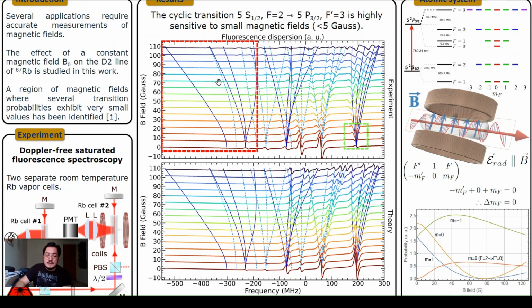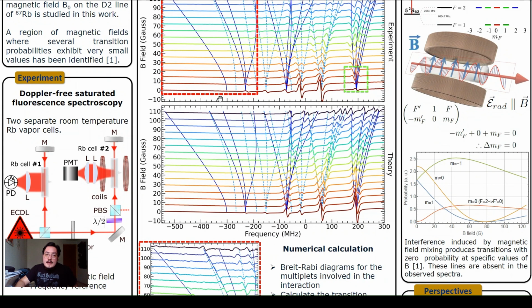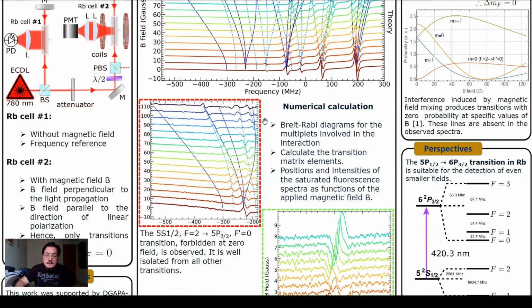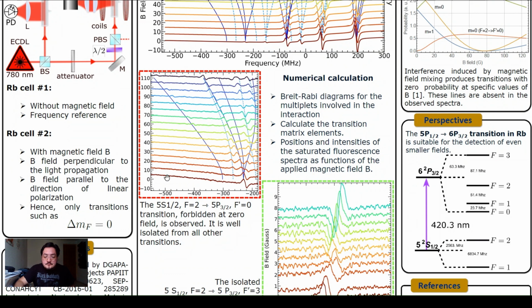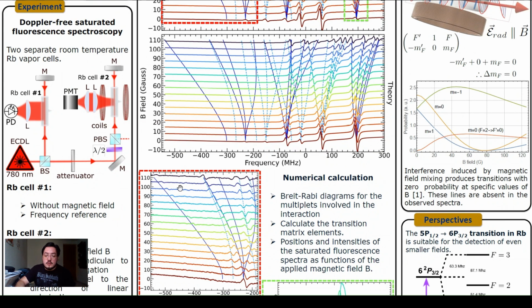We highlight here in a red box the 5s 1/2 with F2 to 5p 3/2 with F0 transition. It is isolated from the rest of the transitions because this particular transition is forbidden at zero magnetic field, and it only occurs because the magnetic field mixes a state with m sub F equals 0 with different values of F. Regarding the crossover resonances, we show them here in these dotted lines right between the atomic resonances.